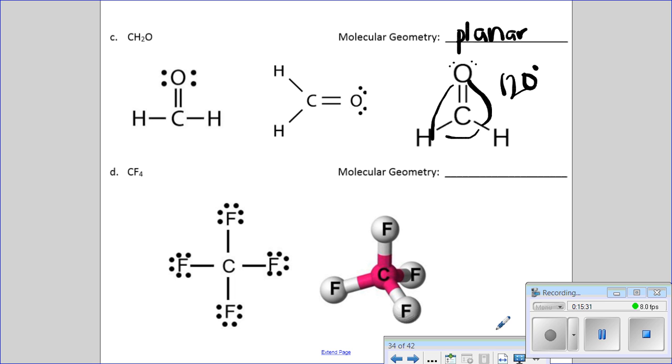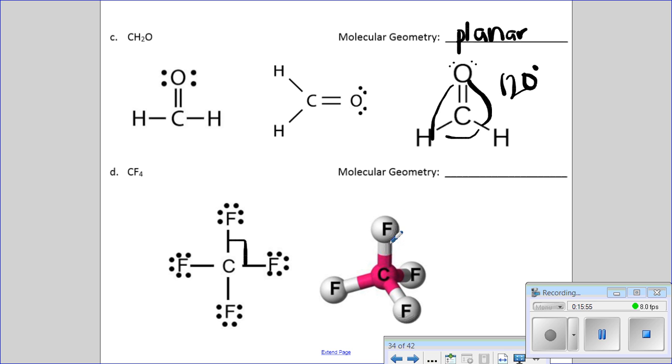And then last, you have CF4. Okay, so there's your Lewis structure. Now, a lot of people think, oh, well, that bond angle is 90 degrees. But remember, this is flat on paper that you're looking at the Lewis structure. If you were to build CF4 with a modeling kit, you would see that it's not a flat structure, it's three-dimensional.